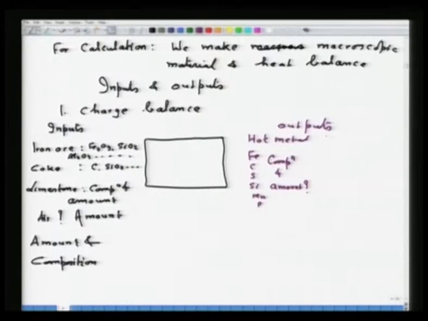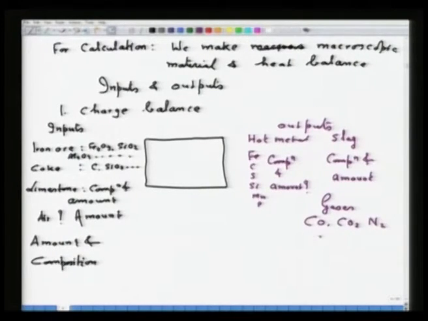Then another output is slag. Again we are interested in composition and amount. Third output is gases. It may consist of CO, CO2, N2, composition and amount.